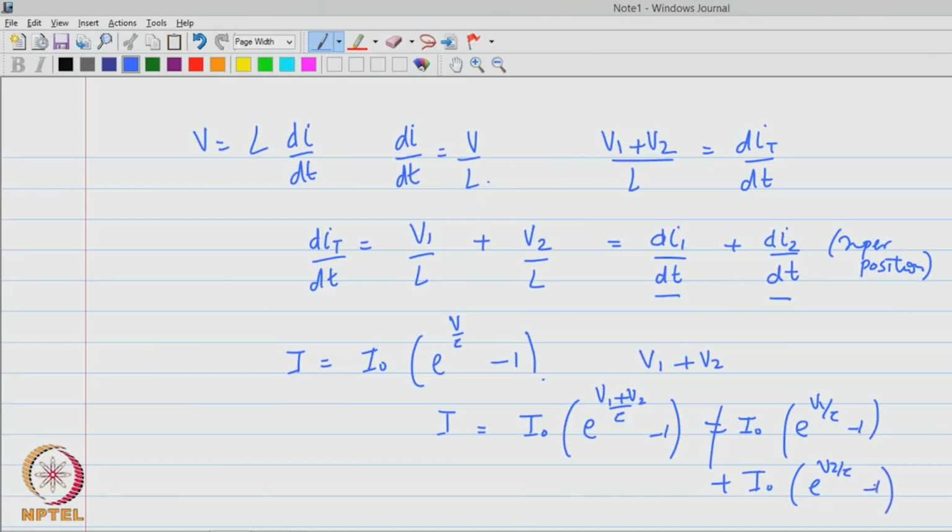So superposition does not hold, and similarly you can check with homogeneity as well. If I just put A here, it will not be equal to A times I0 e power V over tau minus 1. That is straightforward to check.